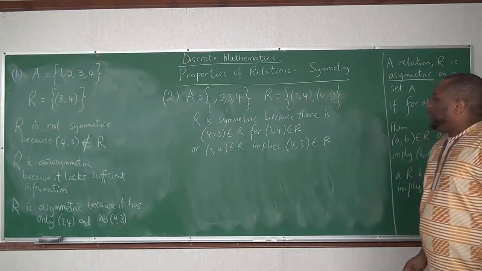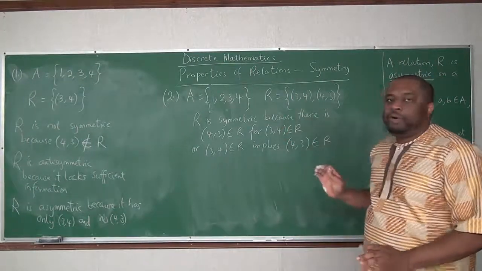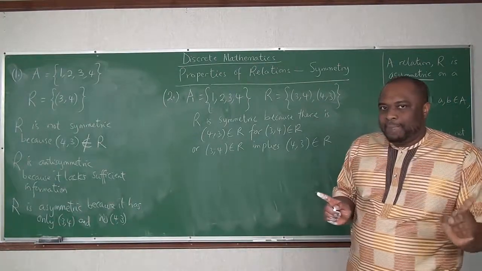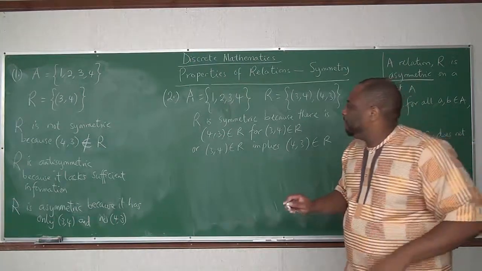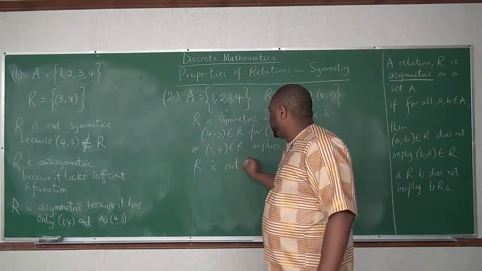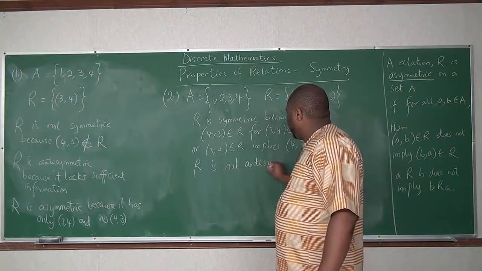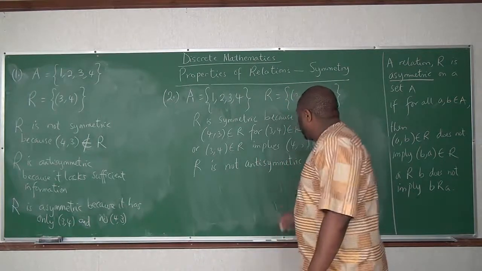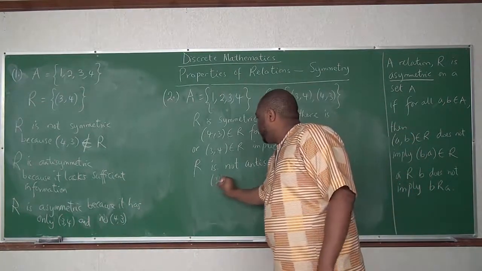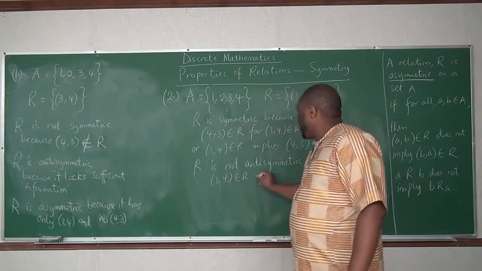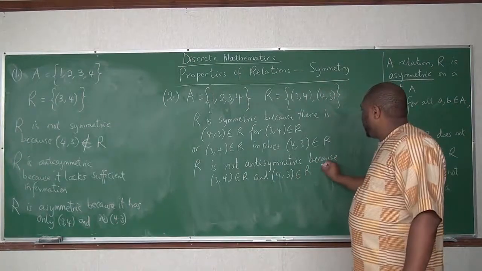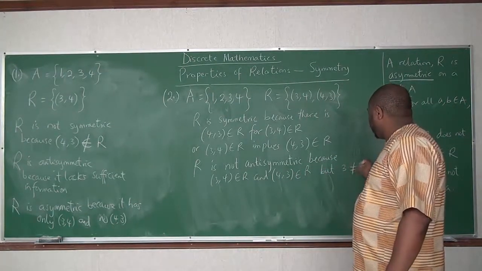Okay? Now, you have 3, 4 and you have 4, 3, but 3 is not equal to 4. Therefore, R is not antisymmetric, because 3, 4 is an element of R and 4, 3 is an element of the relation, but 3 is not equal to 4.